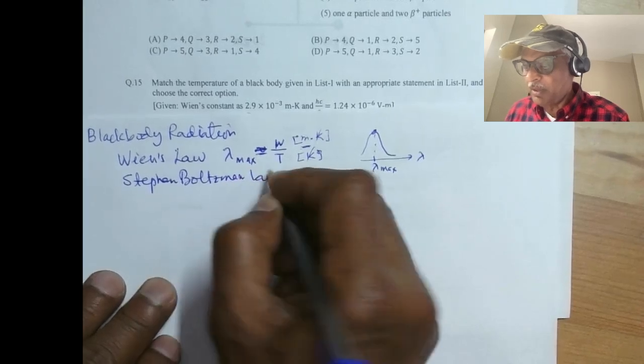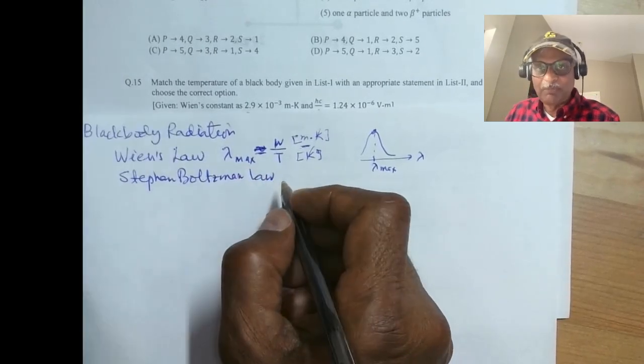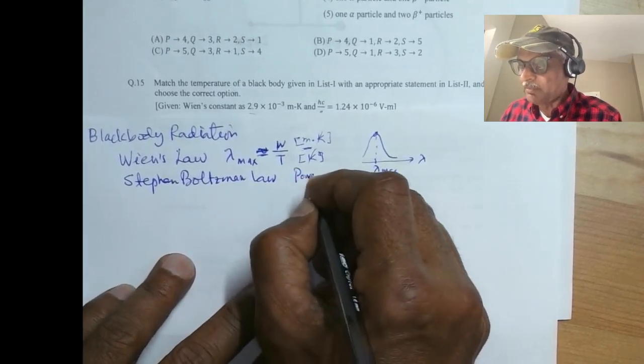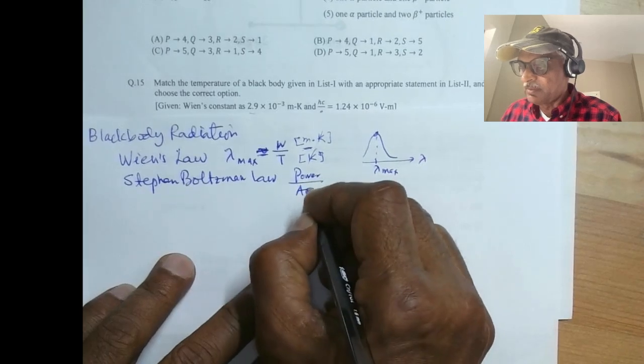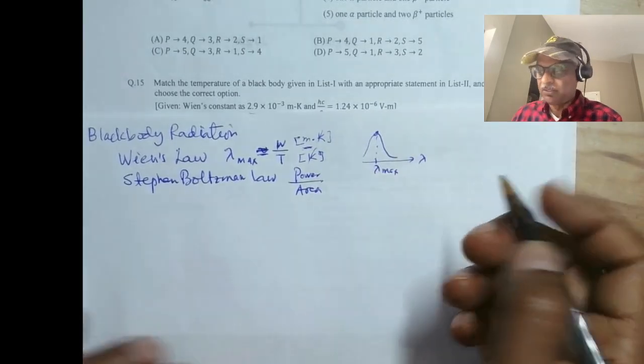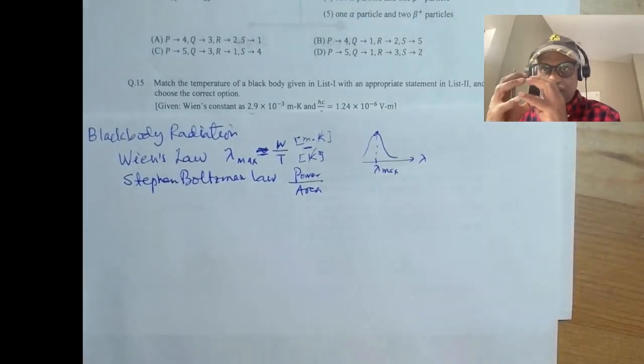the Stefan-Boltzmann law. This is actually very powerful. This is the power per unit area that's coming out from a Blackbody. The sun is a Blackbody, so how much per unit area is coming out of the sun?